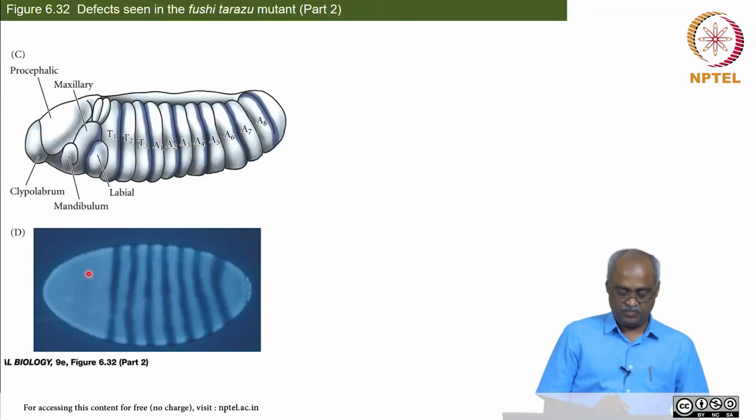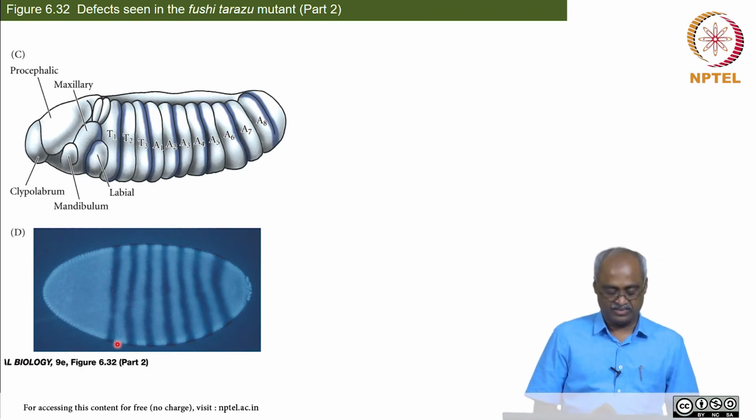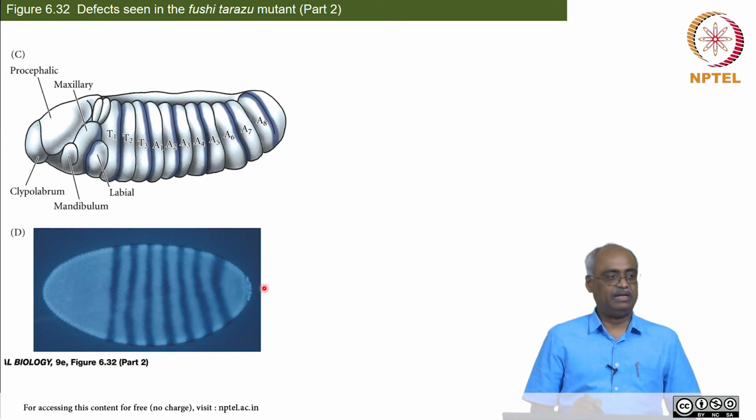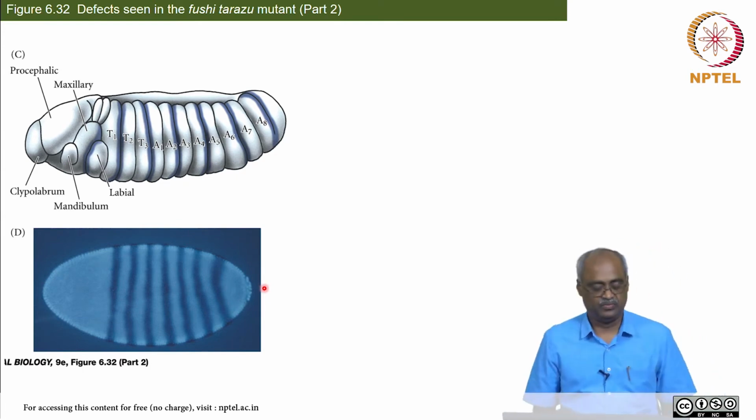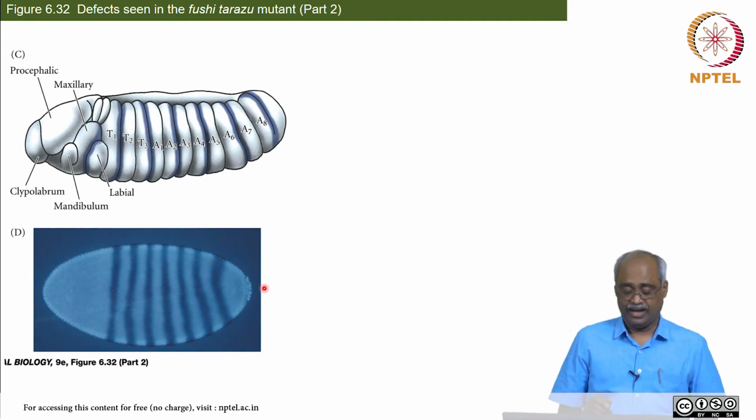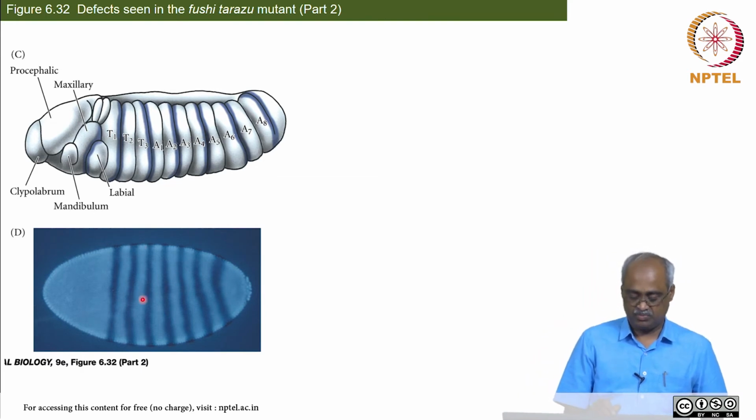This protein is initially produced, or rather its transcription is even throughout, but once the early pair-rule genes come into effect, they bind to enhancers in the Fushi-tarazu region and suppress its expression in these stripes, generating these stripes of Fushi-tarazu expression.